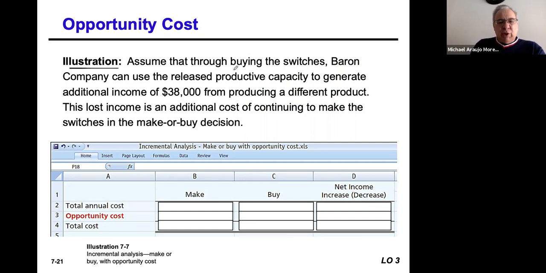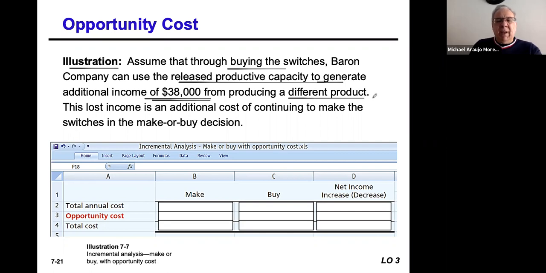So let's assume that through buying the switches, Barron can use its excess productive capacity, right? Because they'll have all this labor sitting around. They'll have some variable costs they can use, and they're not using their entire factory, because they're buying it, not making it. So let's say they can actually generate $38,000 of other income by producing a different product with that.